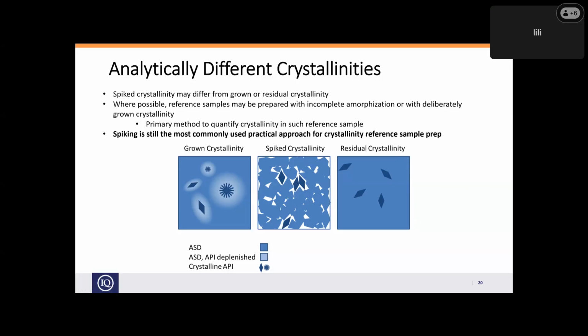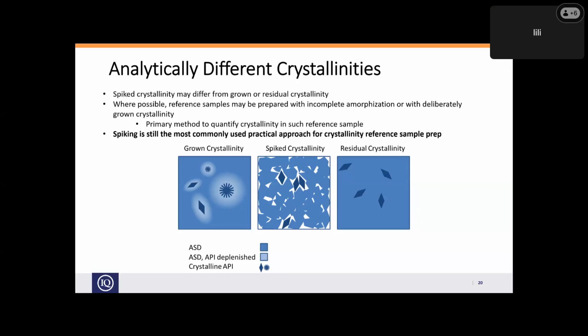That being said, oftentimes it is not even feasible to prepare crystallinity reference samples in this way, with either grown crystallinity or residual crystallinity. So spiked-in crystallinity is considered a lot of times a reasonable approximation to the crystallinity observed in the actual samples.